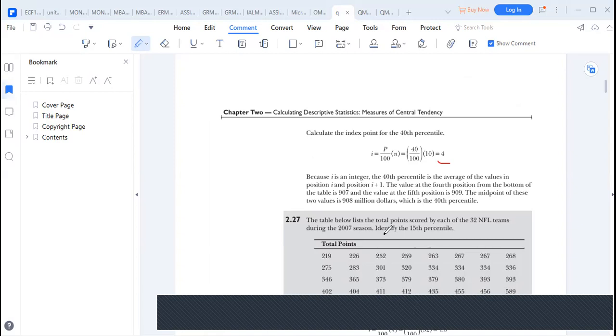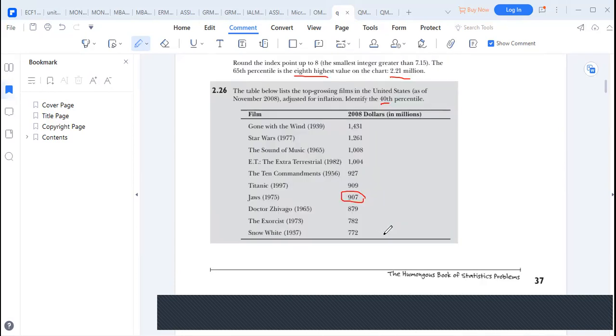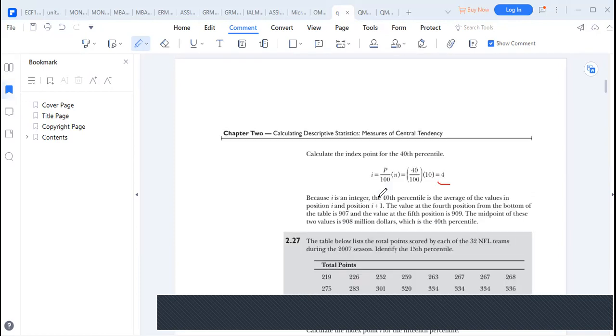If it's an even number, we know that we are going to get 1, 2, 3, 4, 5. Okay, so for the 40th percentile, the position we add 1.